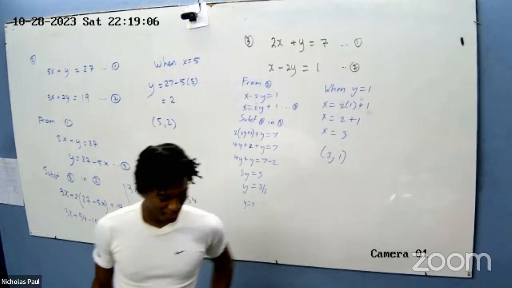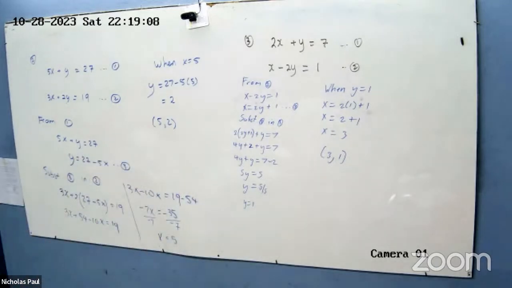So you got 3 and 1. Anybody got that online? Let's check it and see.